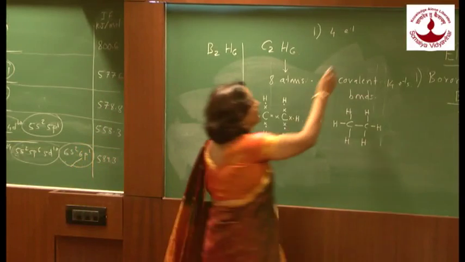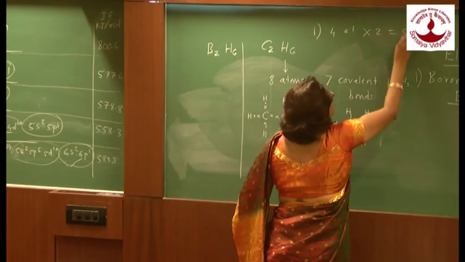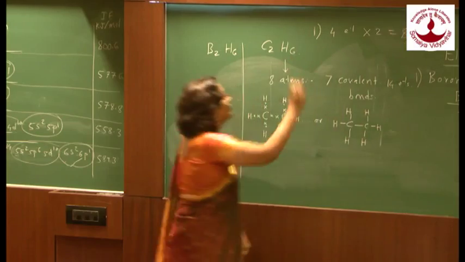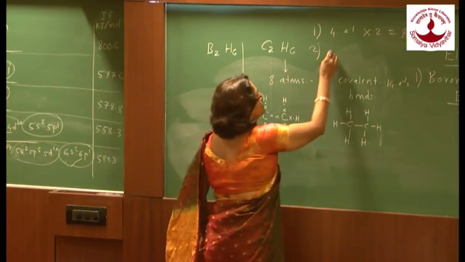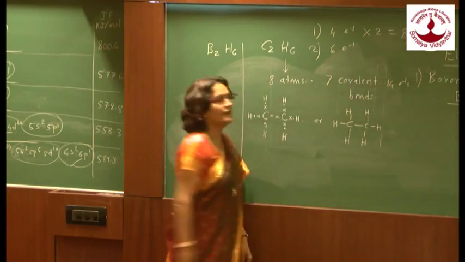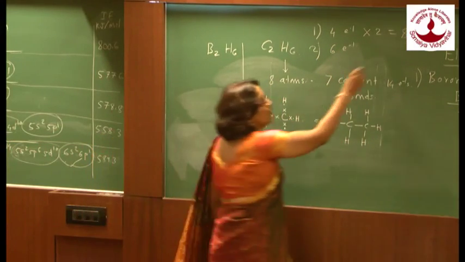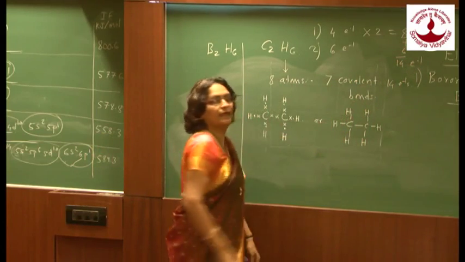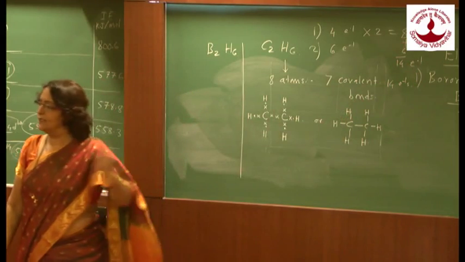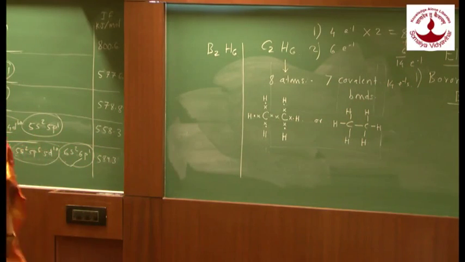There are 2 carbon atoms, so that accounts for 8 electrons. Okay. Then there are 6 hydrogen atoms, so they account for 6 electrons. So you have 8 plus 6, that is 14 electrons. So in the ethane molecule, you have a sufficient number of electrons available for covalent bonding. So it is not an electron deficient compound.